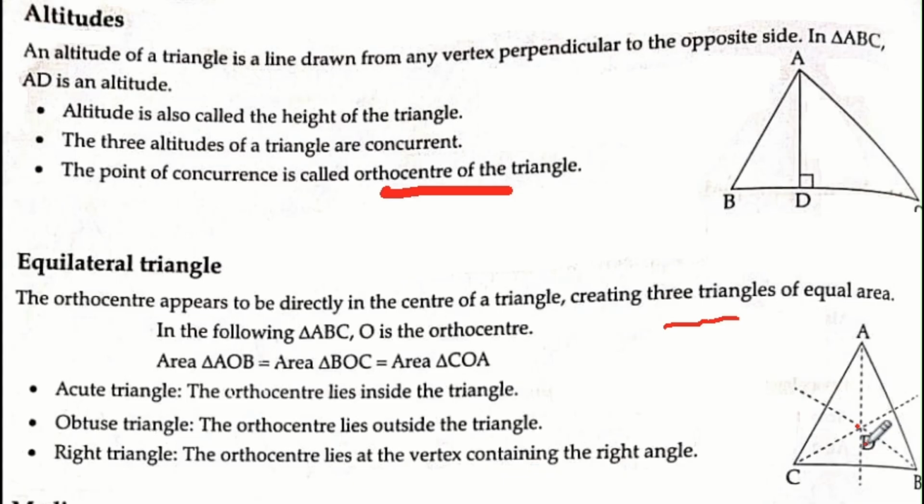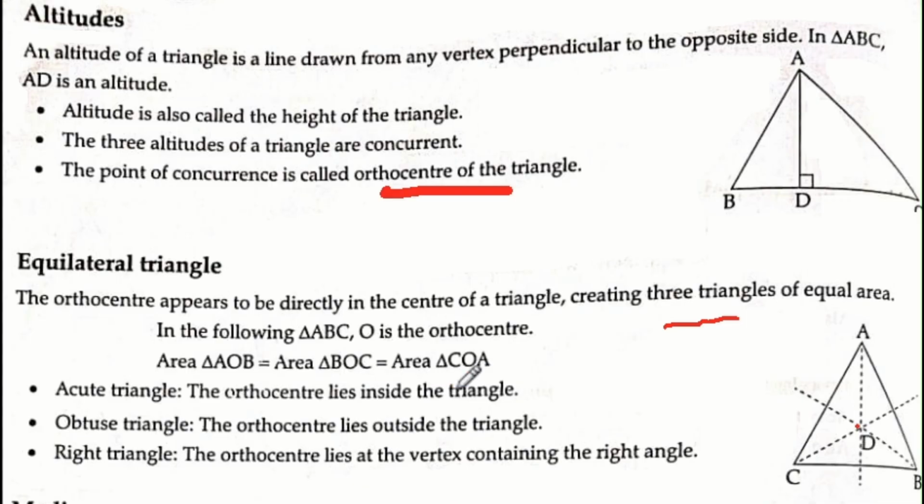We will be getting three triangles when the orthocenter is formed, or three altitudes are concurrent. So we will get equal areas. They have named this center point O. So the areas of triangle AOB, BOC, and COA are the same.